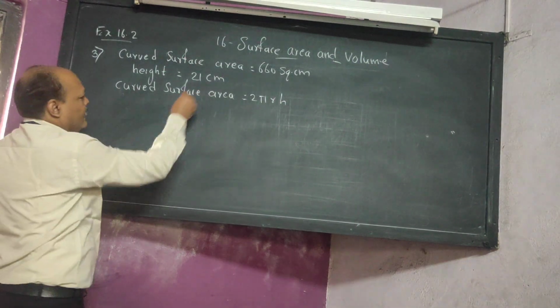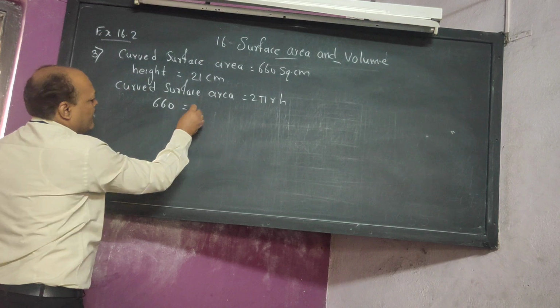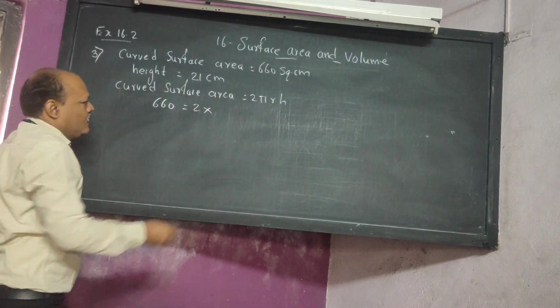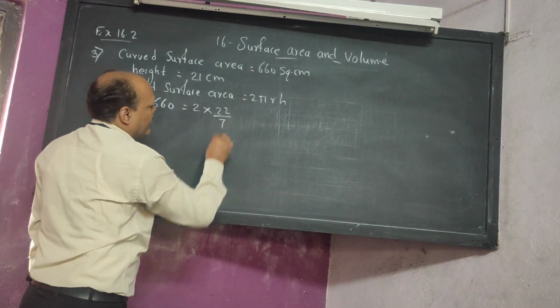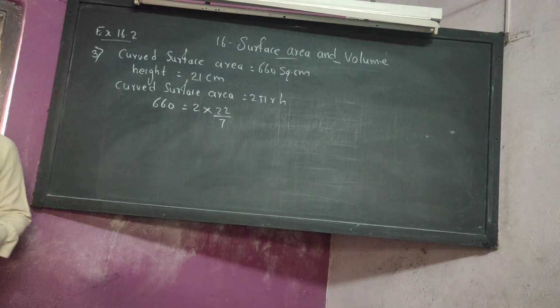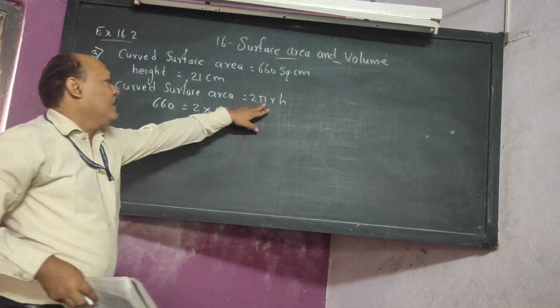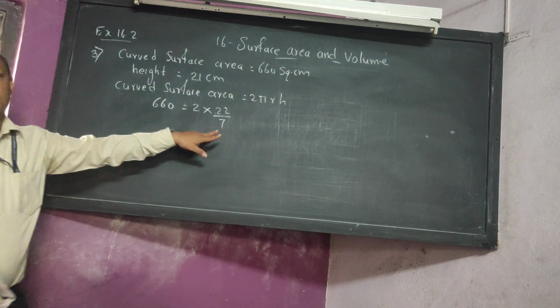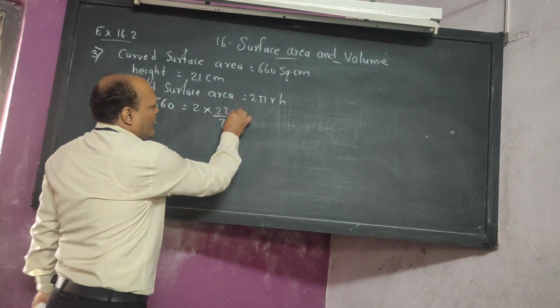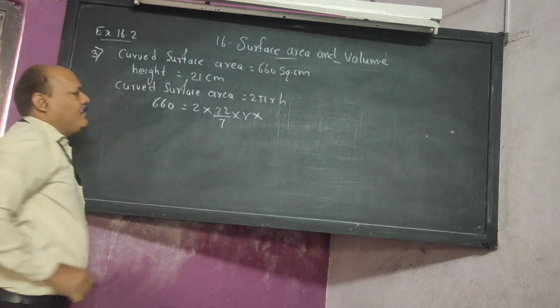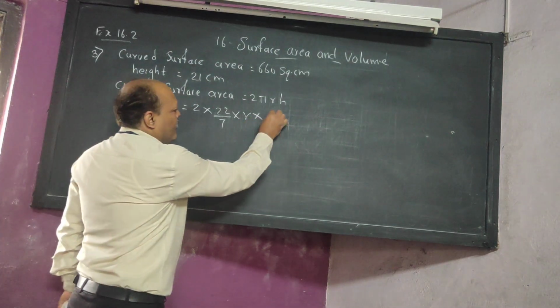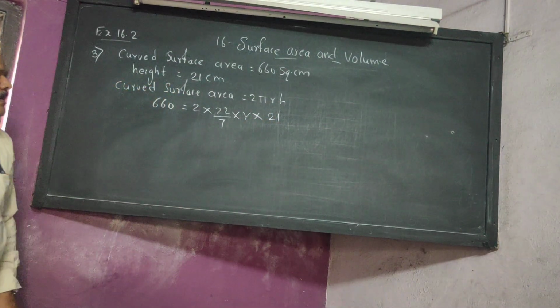Curved surface area is given to you, 660 is equal to 2 into pi value 22 upon 7. Here it is not mentioned that you have to use 3.14, so I am using pi value 22 upon 7. Radius we have to find and the height is given to you, 21.